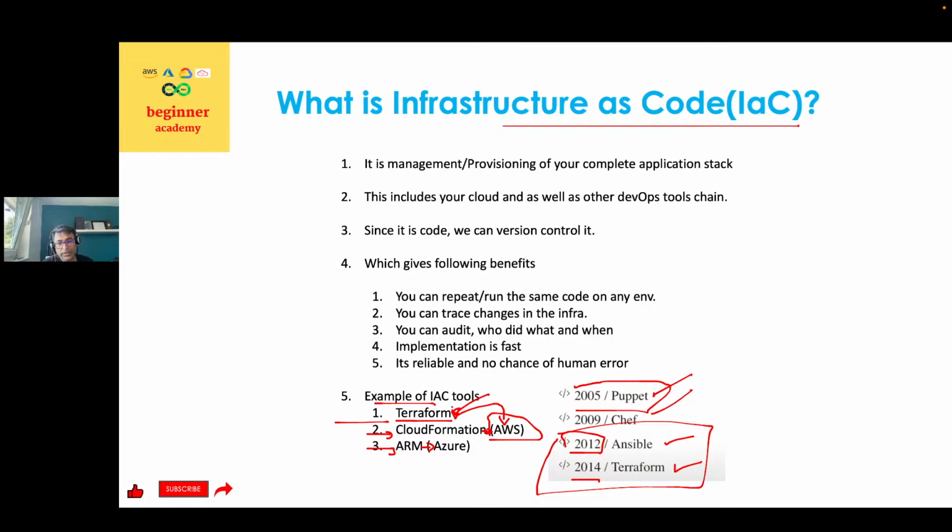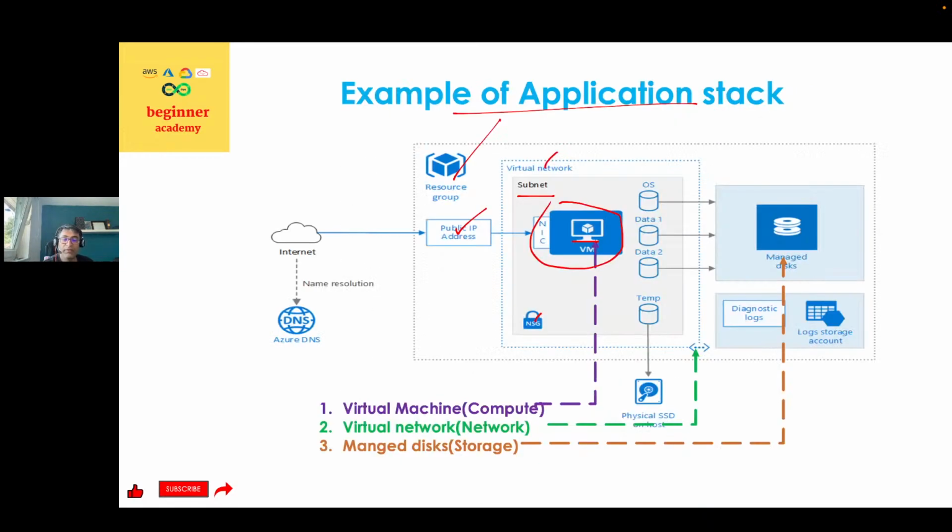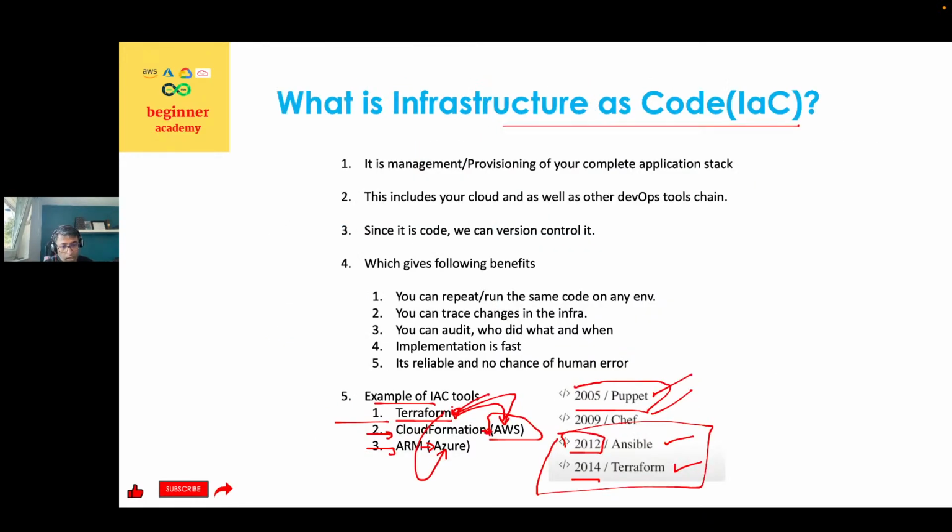Using Terraform, you can provision AWS resources as well as Azure resources, OCI, GCP as well. But if you stick to CloudFormation or ARM template, it is a bit difficult.